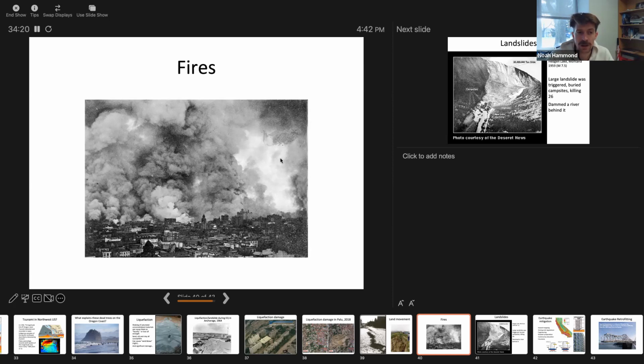The earthquake caused a really significant amount of damage in 1906 in San Francisco, but the main thing that really wiped out the city was the fires that raged on for days. So massive fires broke out, firefighters were completely overwhelmed, and neighborhoods just completely burned.